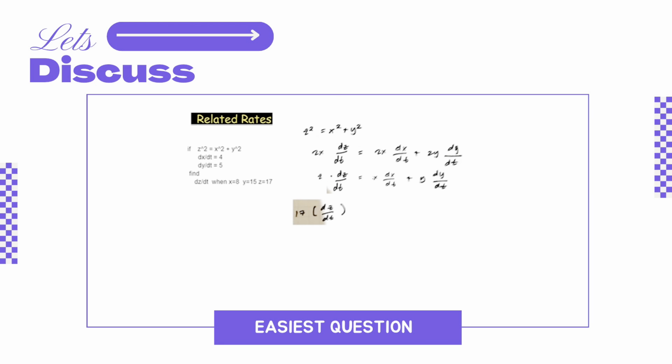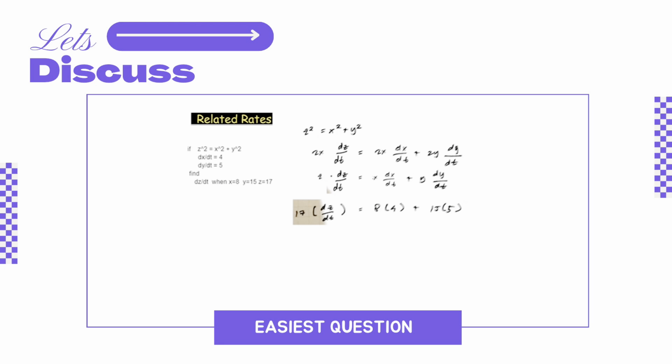And then the next step is to substitute the known quantities into this. So because z is 17, it's going to be 17 times dz dt, which we are looking for, equals x is 8 times dx dt, which is 4, and then added by 15, which is y, times dy dt, which is 5.